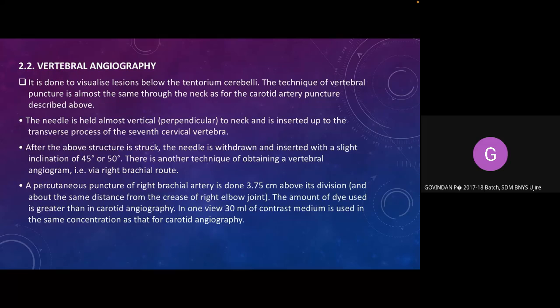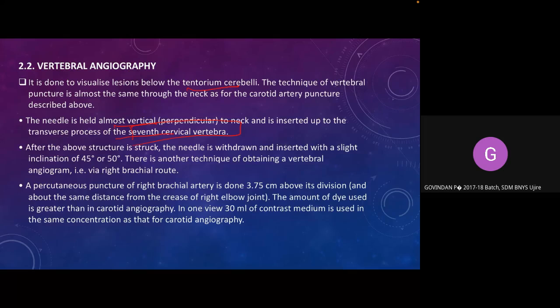Vertebral angiography, again, we are going to see the vertebral artery blood supply. We saw that the carotid was for the area above the tentorium cerebelli, and anything below that is through the vertebral artery. The needle is held perpendicular to the neck and inserted at the transverse process of the 7th cervical vertebra, as they say. These things are not important, you can just listen, that's why I'm going fast.